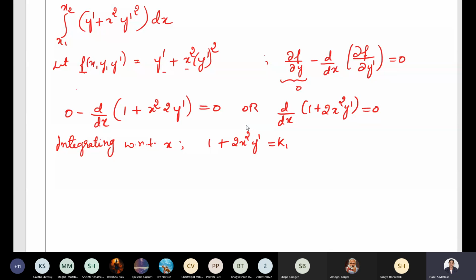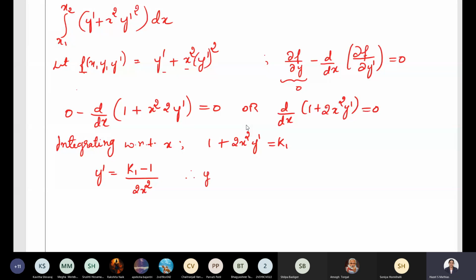Correct? Integration of 0, 0 is a constant. So integration of a constant is what? Some constant we will get. Am I correct? Yes, ma'am. Okay, now from this get y'. How do we get y'? y' is nothing but (k1 − 1) divided by 2x².